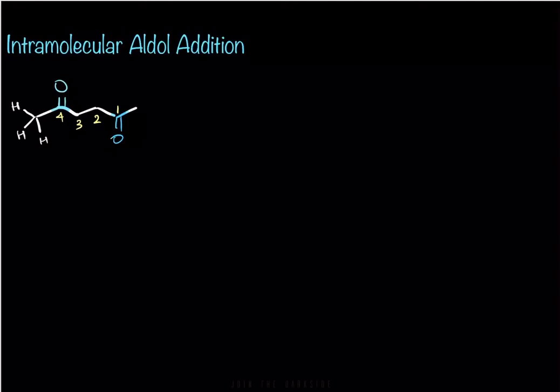So this is a methyl group right there, and I will show these two hydrogens, which are also alpha hydrogens. The enolate ion that's formed can be of two different types based on the abstraction of the alpha hydrogen.